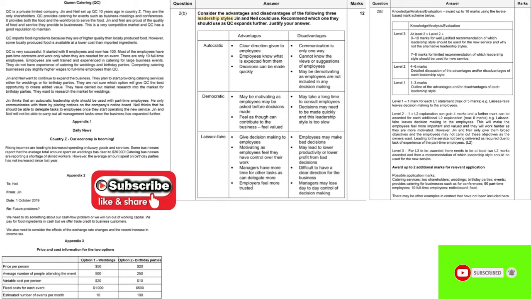What would be the leadership style right now? Let's take a look at the 5th paragraph. They will think about autocratic leadership styles, and there are some examples of what kind of autocratic leadership styles they're going to use.